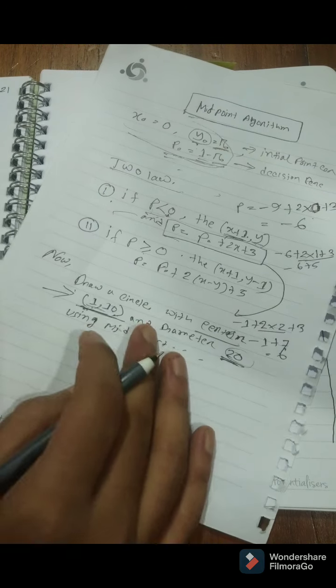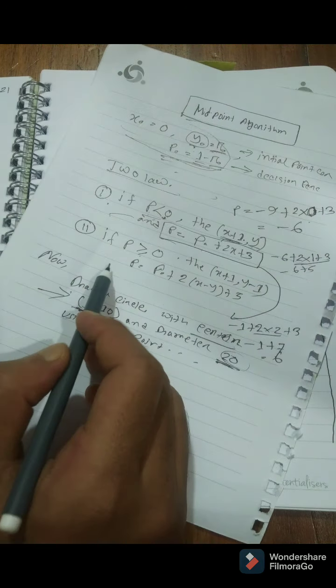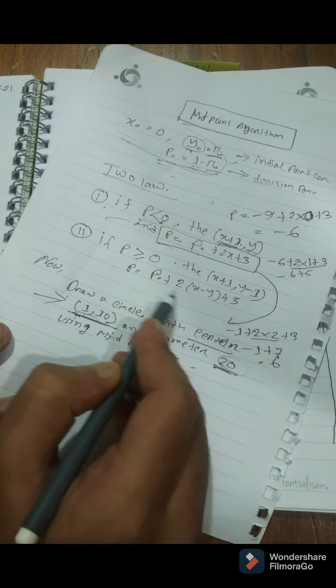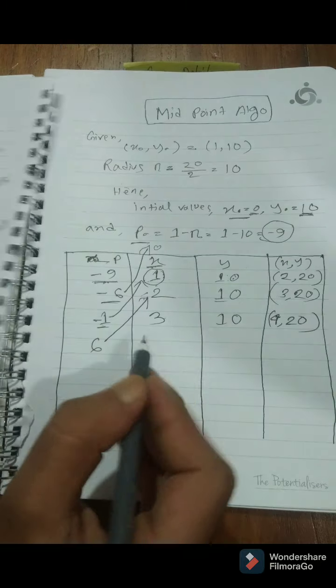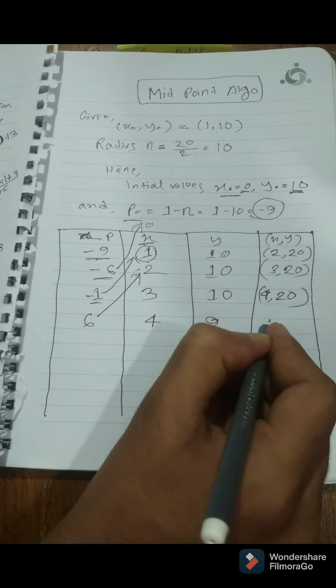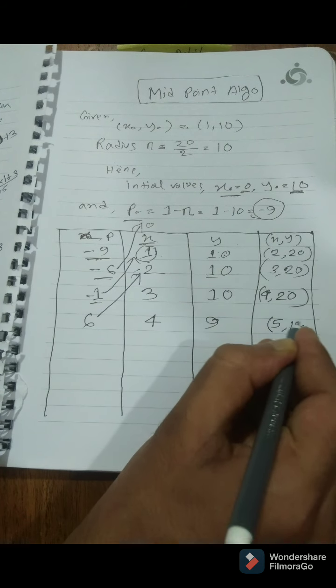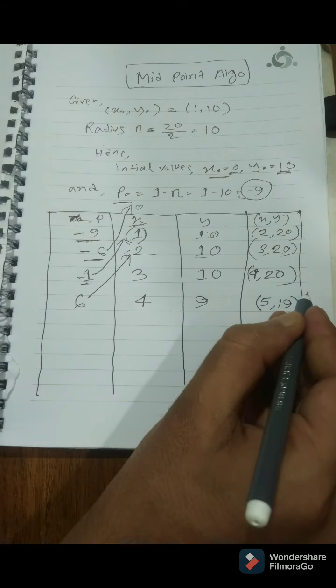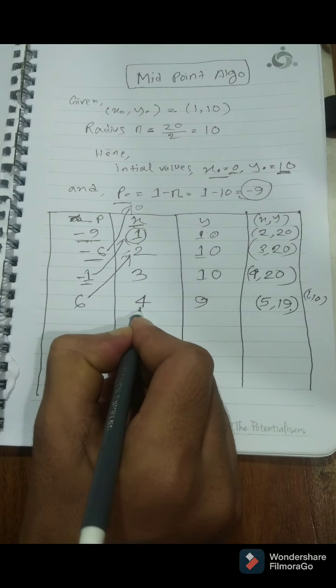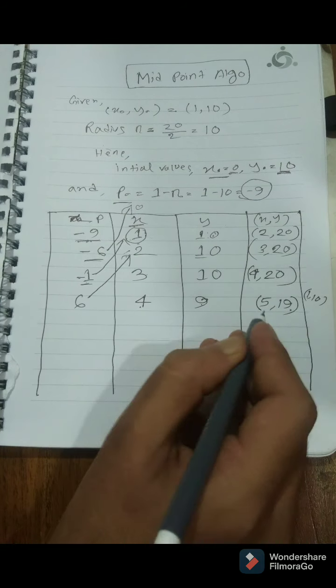So then we should take the second law because 6 is greater than 0, where x will be increased, y will be decreased. So x will be 4, y will be 9, and there 5 9. As we mentioned, center is 1 comma 10. That's why 1 plus 4 5 and 9 plus 10 19.